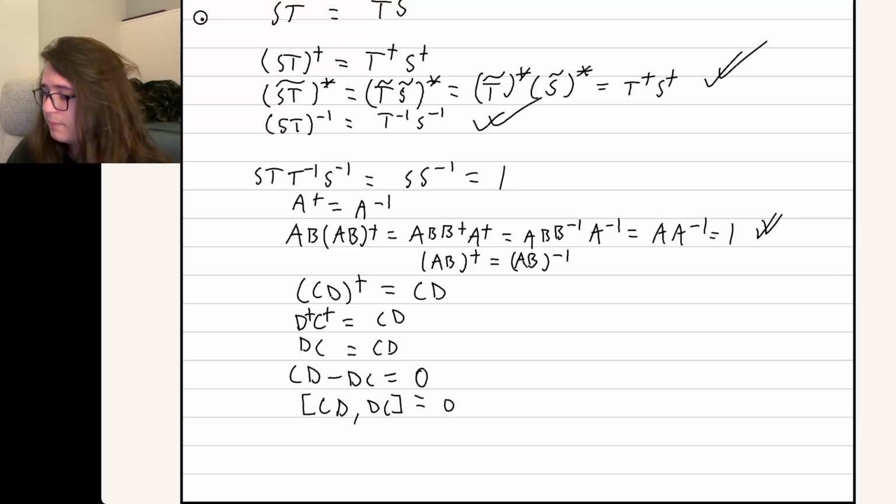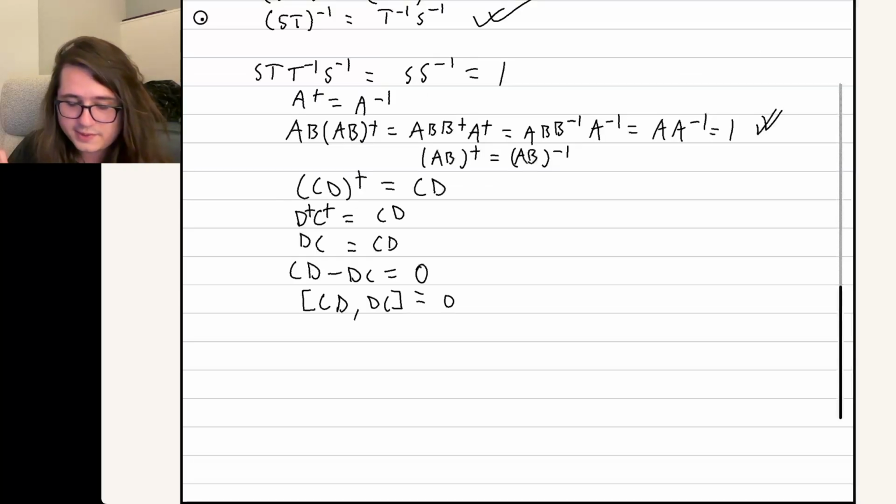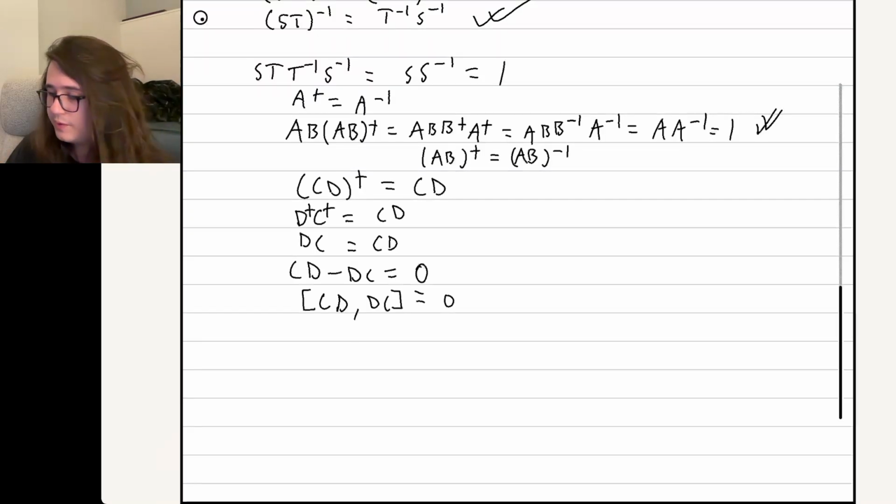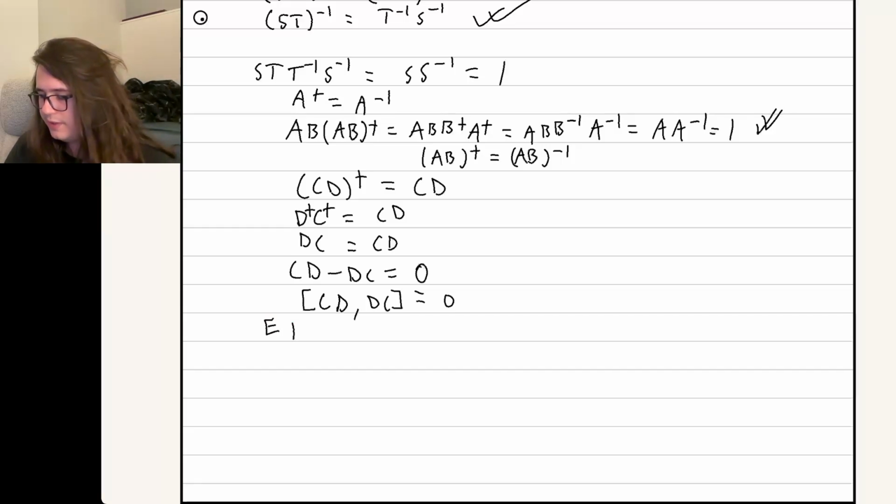Next is, is the sum of two unitary matrices still a unitary matrix? So that is just saying, if you add a unitary matrix E plus a unitary matrix F, is the Hermitian conjugate, I should say, still equal to the inverse?